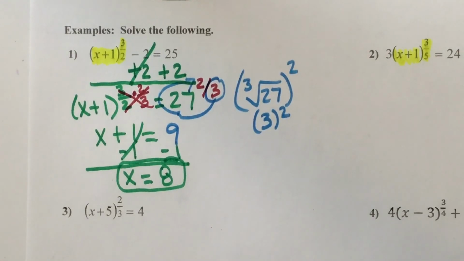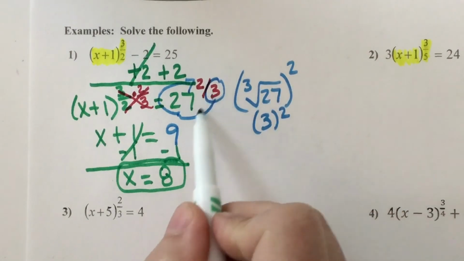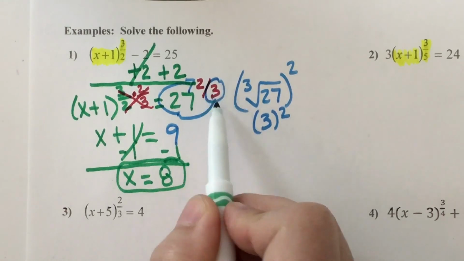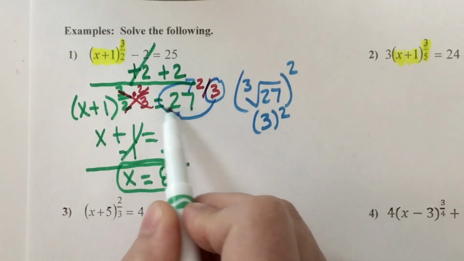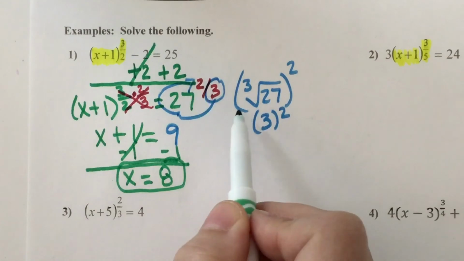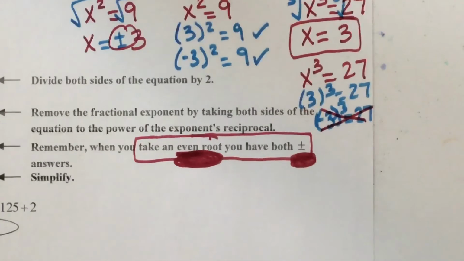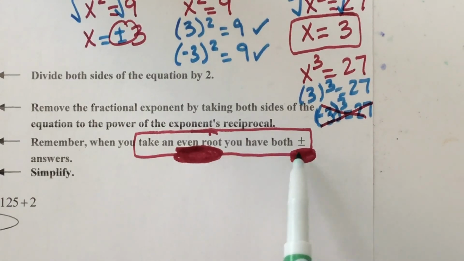Okay, so we're doing some solving equation skills here, which you've known about for years. And then we're doing our around the world thing that we've been working on for several days now. So the denominator is the root you take, and the numerator is the power you raise it to. And if I take an odd root, I don't have to worry about a plus minus. But if I take an even root, I will worry about a plus minus.